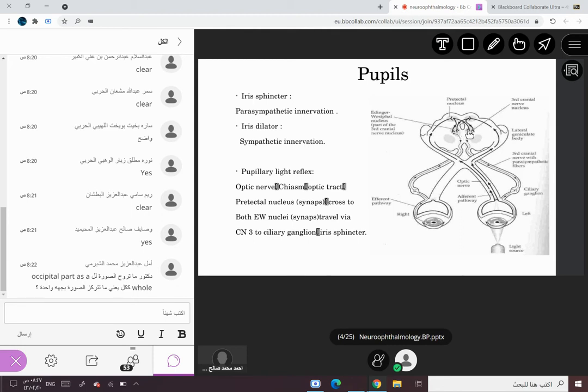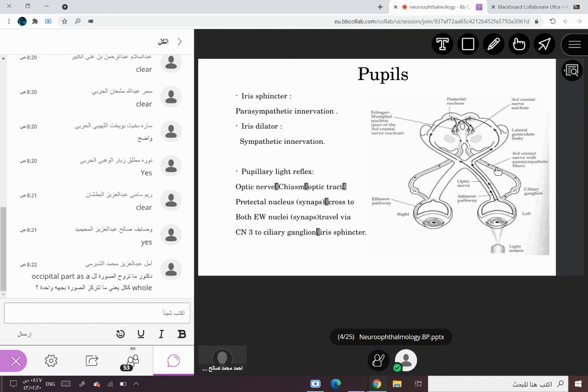Edinger-Westphal nuclei, which is the third cranial nerve nucleus. Then it will travel from both sides via the third cranial nerve to the ciliary ganglion. Where is the ciliary ganglion? Here. And this is the third cranial nerve.